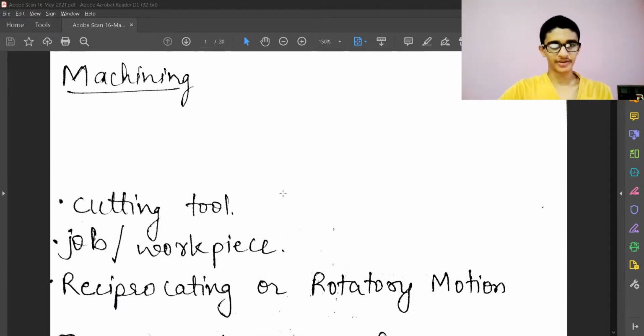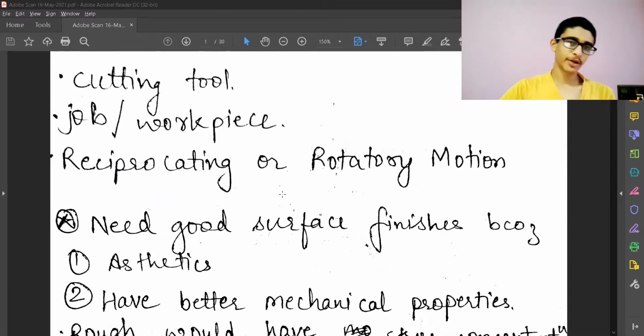In metal forming, the motion was a reciprocating motion in which my plunger was coming and hitting my workpiece. Over here, it is different: there is relative motion between tool and job, and that relative motion is going to cause deformations in my job, which will give me the desired shape of my job.